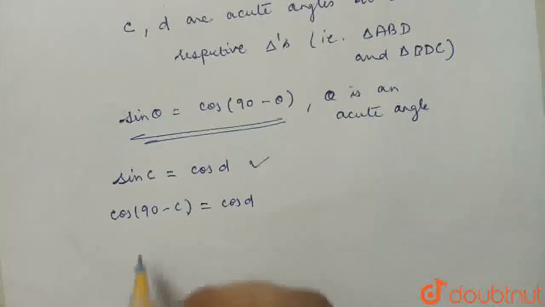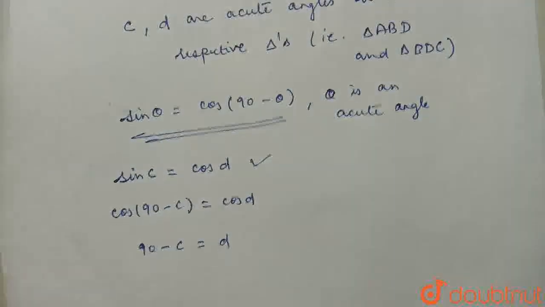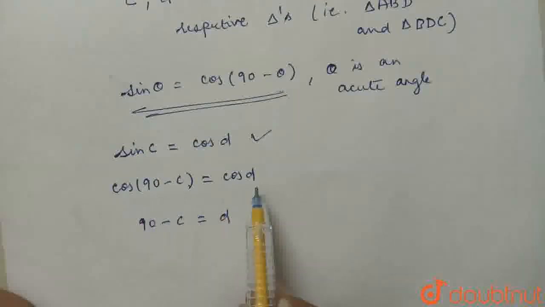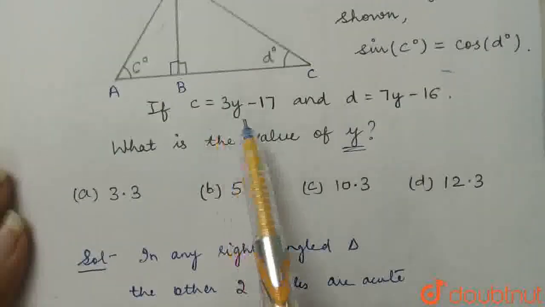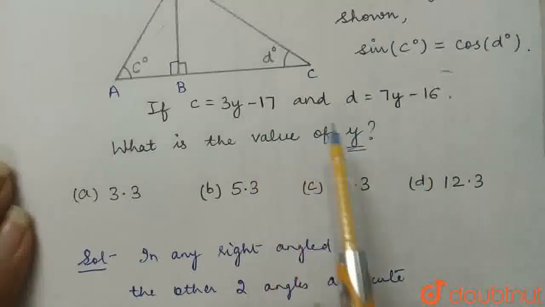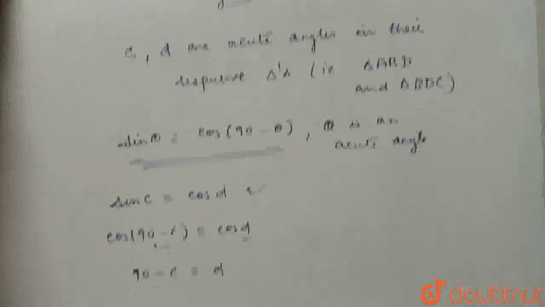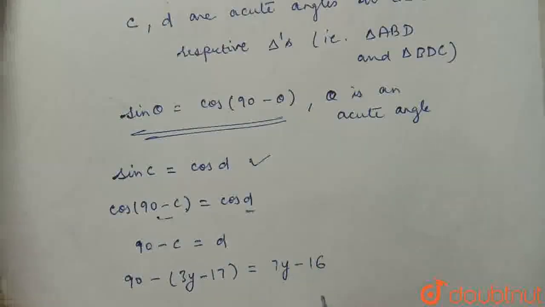So 90 minus C will be equal to D, because the ratios are equal, so angles will also be equal, that is 90 minus C will be equal to D, and putting the values of C and D as given above, that is C is 3y minus 17 and D is 7y minus 16. So putting these values in this equation, we get 90 minus 3y minus 17 is equal to 7y minus 16.